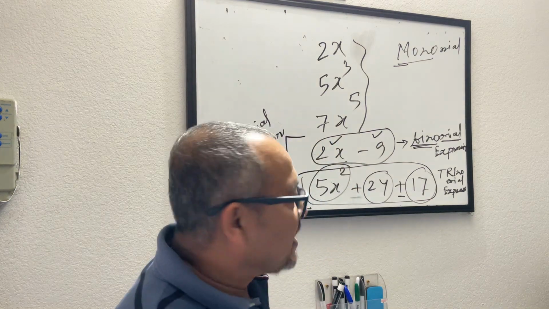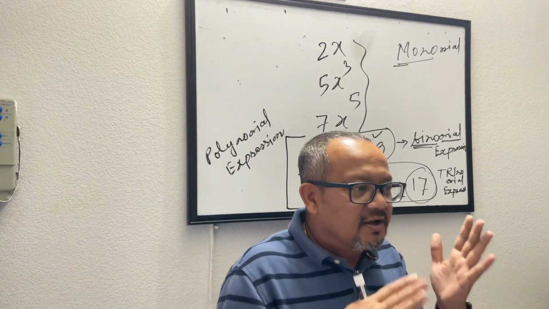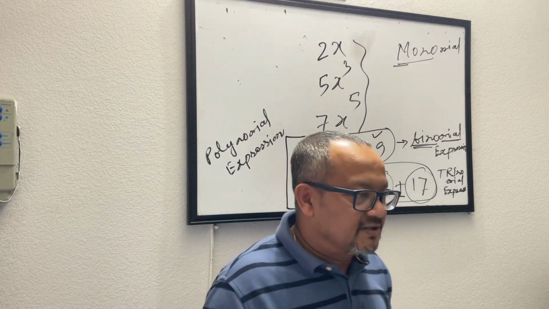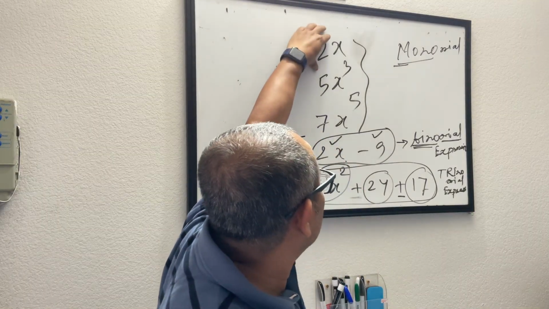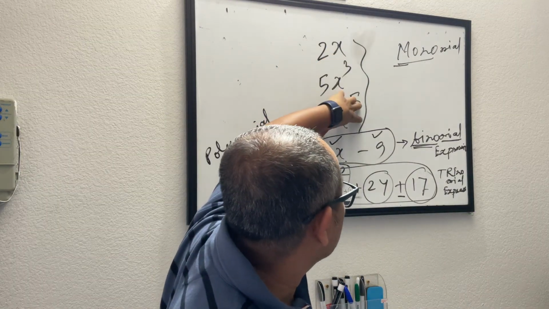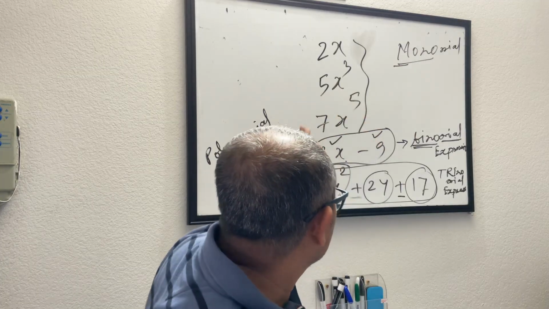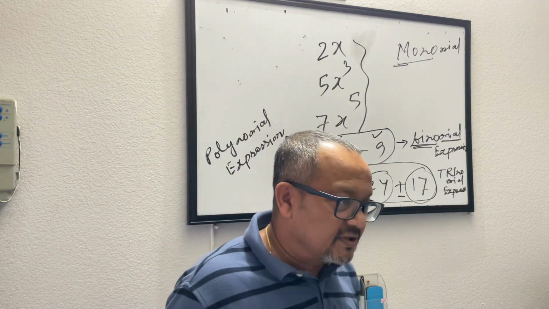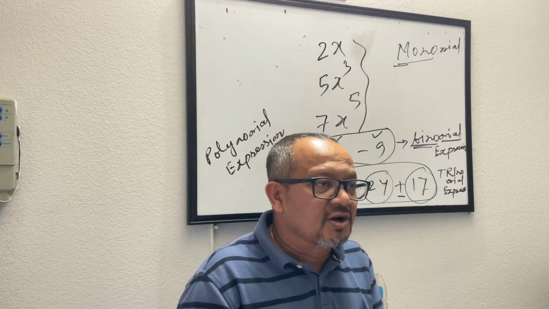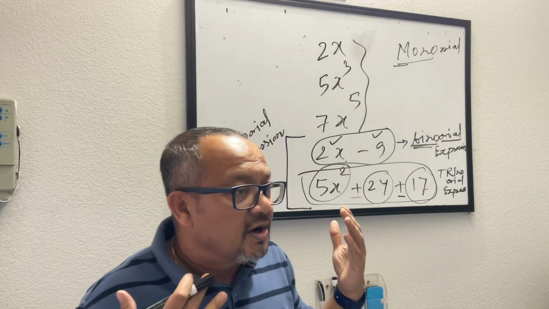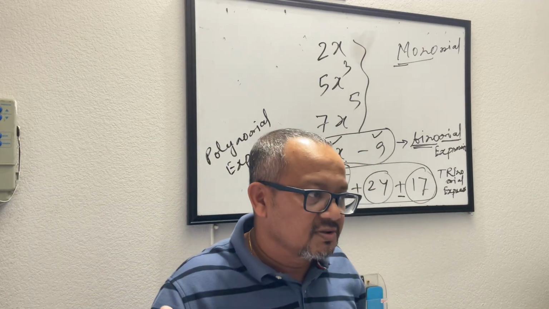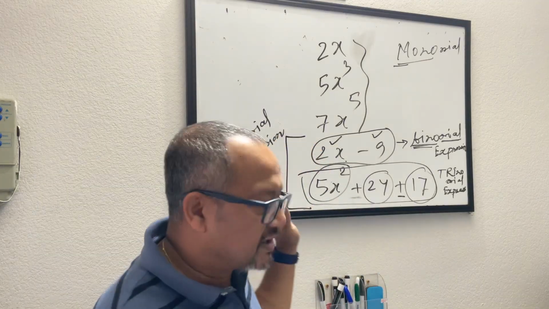What I'm saying is, we are just talking about the different types of expressions. If you have an expression with only one term, these are called monomial expressions. If you have an expression with more than one term, those are called polynomial expressions. And any polynomial expression could have two or more terms. So that's a broad category.